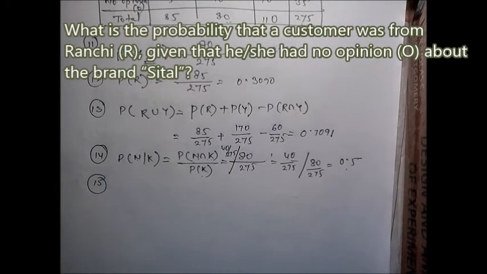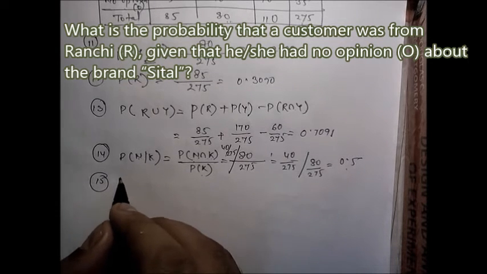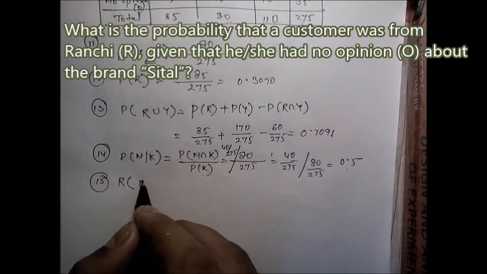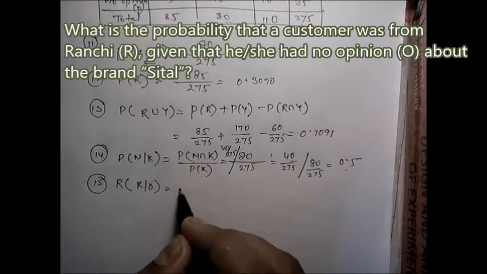Next, what is the probability that a customer was from Ranchi given that he or she had no opinion about the brand Sheetal? Very simple, we write Ranchi and no opinion.